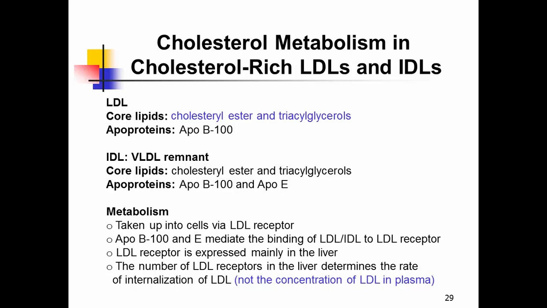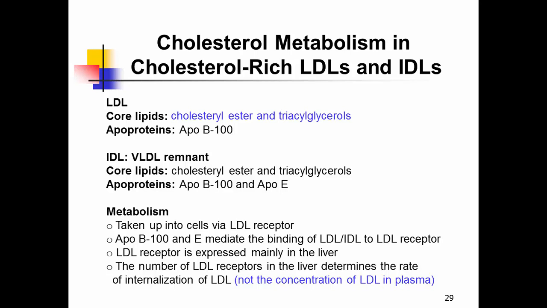So the LDL receptor, again, is the key that controls the LDL uptake and also controls the LDL levels in the circulation, which makes sense, right? If the LDL receptor for some reason decreases, then cells cannot take up enough LDL. So more LDL will remain in the circulation and raise the circulating LDL levels, right?